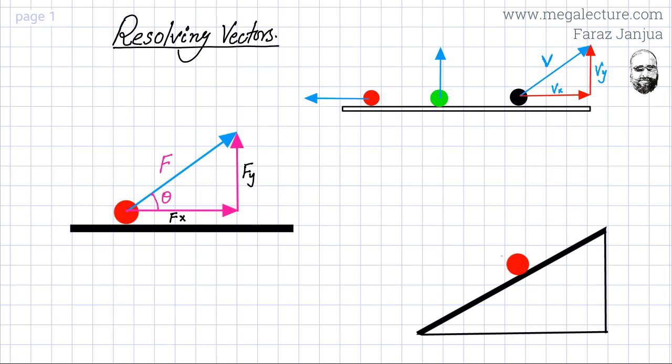If we want to find a relationship between Fy and F, and Fx and F, we need to use this angle theta, and this is a very important angle in this case. Now, how do we find the horizontal and vertical components using trigonometry over here?